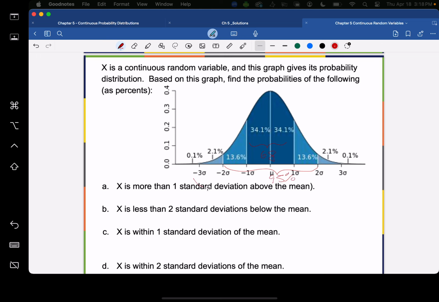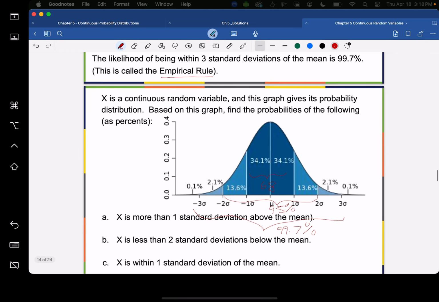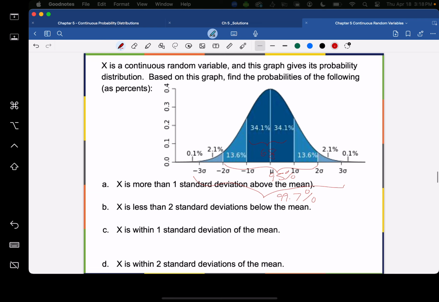And then if you add all of these up, it's about 99.7%. So those values are the same values I was telling you before, but now we've broken the bell curve up into regions. I'll erase that for now.